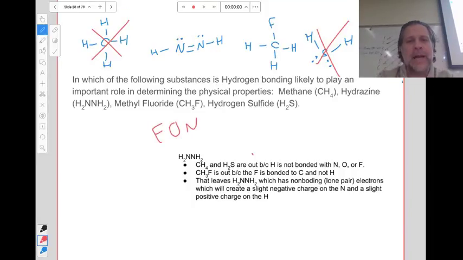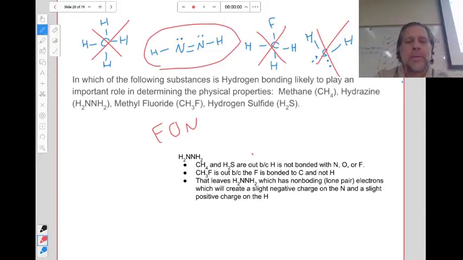So those are automatically not participating in hydrogen bonding, which leaves hydrazine or methyl fluoride. And we can get rid of methyl fluoride because even though fluorine is present, it's bonded to a carbon, not to a hydrogen, which means hydrazine is the particular molecule that will allow hydrogen bonding to occur.